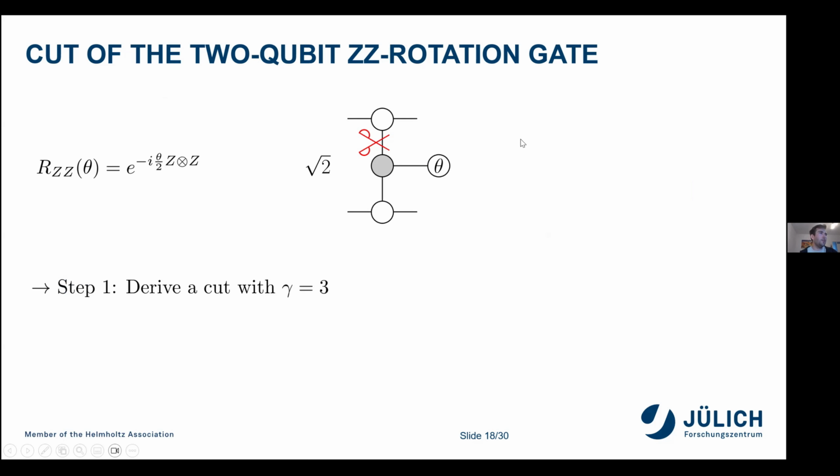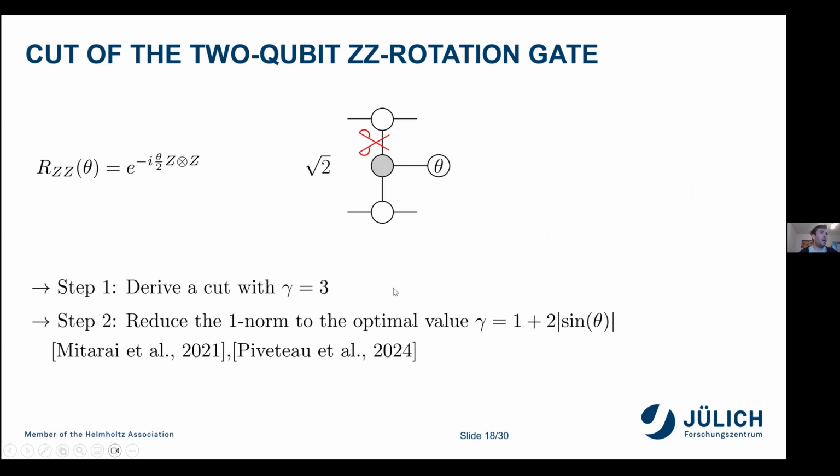In the first step, I will show how to cut this gate to get a gate cut with 1 norm 3. Then in a second step, we realize that in the literature, it has been shown that this gate can be cut with a smaller 1 norm. And I will show how to reshuffle the channels in our protocol such that we also get this optimal 1 norm.